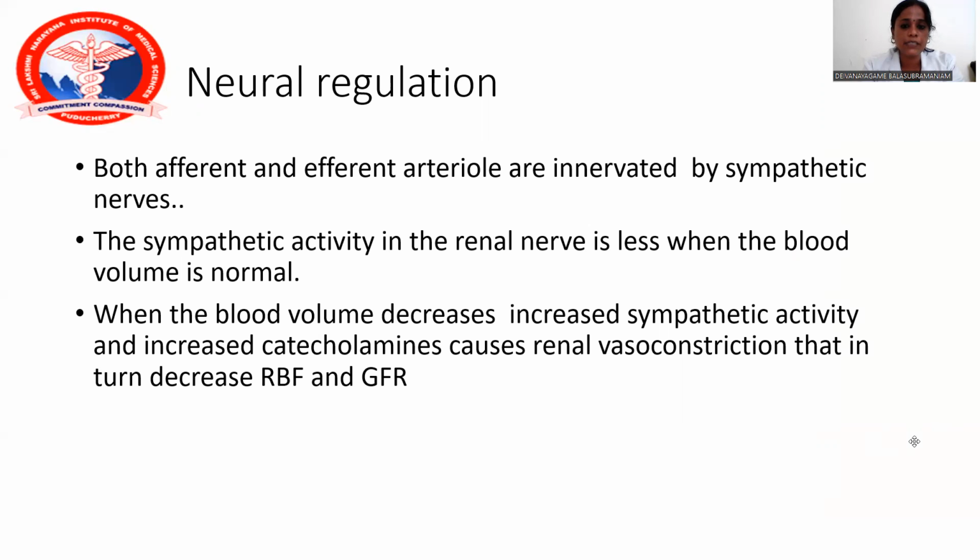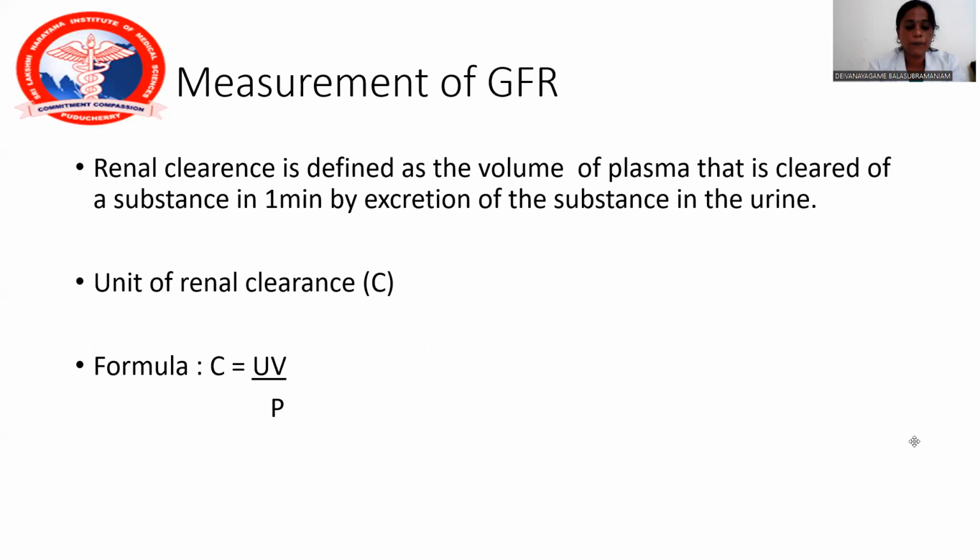When the blood volume decreases, sympathetic activity increases and increased catecholamine causes renal vasoconstriction, which in turn decreases renal blood flow as well as GFR.